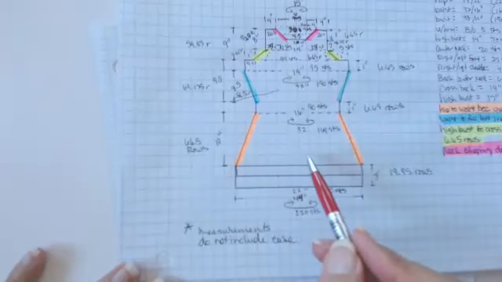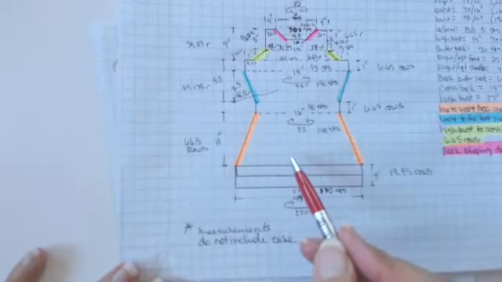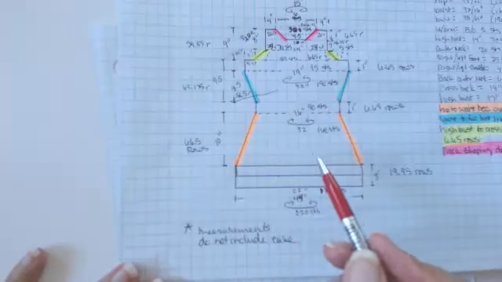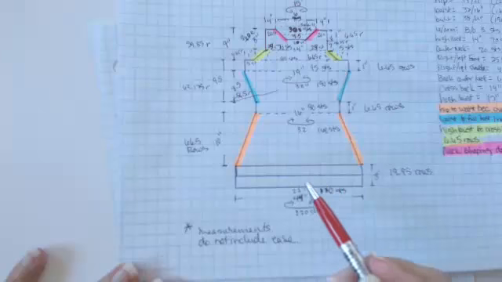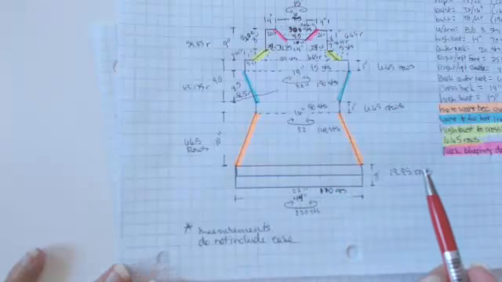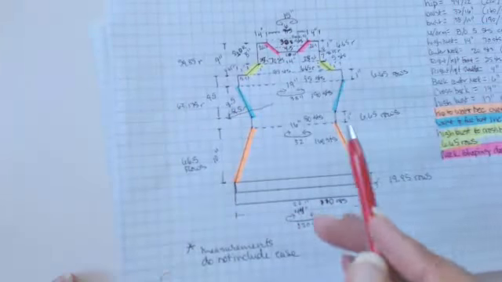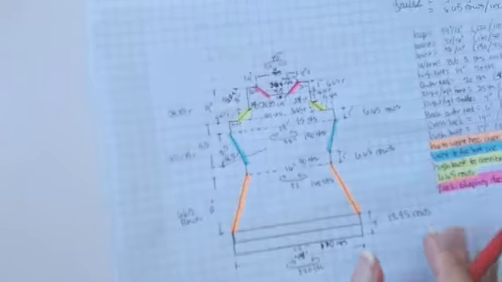So this would be for body hugging, something that is going to be like a camisole, a cami, or something that you're going to wear next to the skin that you want it to be pretty much the same size as your body. My little design here.